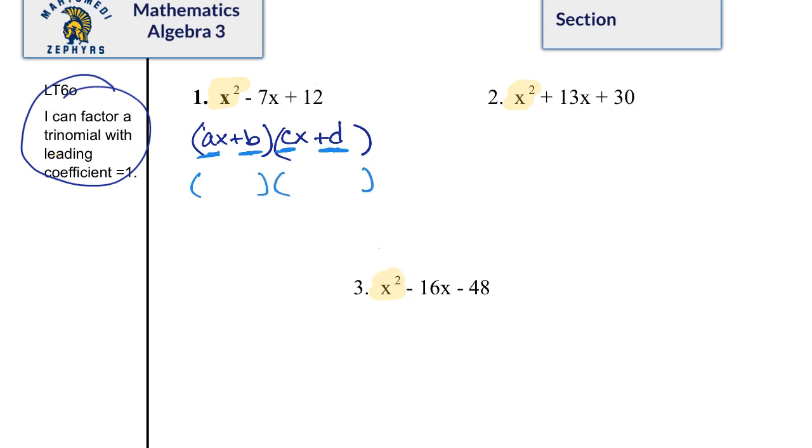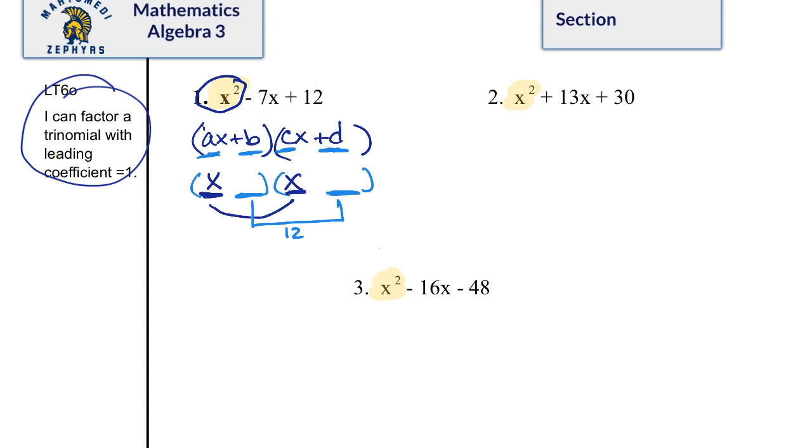Well, the first two are going to be straightforward. The first two numbers, when multiplied, will equal the first value of the trinomial. So the only way to get that is x times x. The last two numbers in the binomials, when you multiply those, you have to get 12.